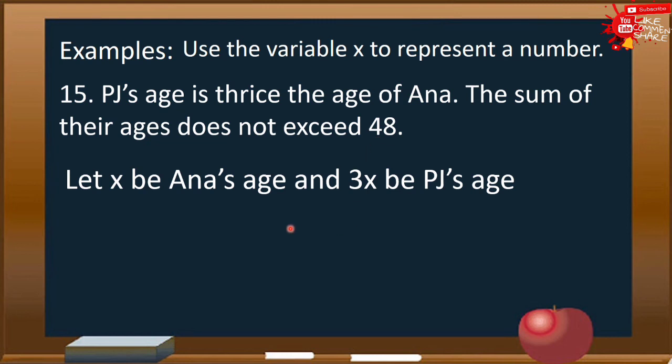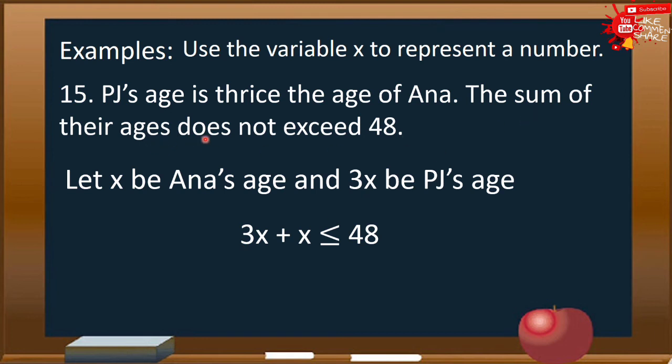So, that's why we will have 3x plus x is less than or equal to 48 because of the sum of their ages. So, if Anna's age is x and PJ's age is 3x, we will have 3x plus x because of the sum of their ages.